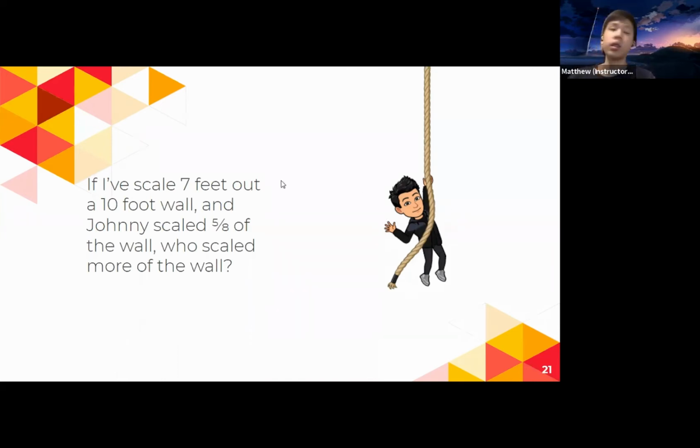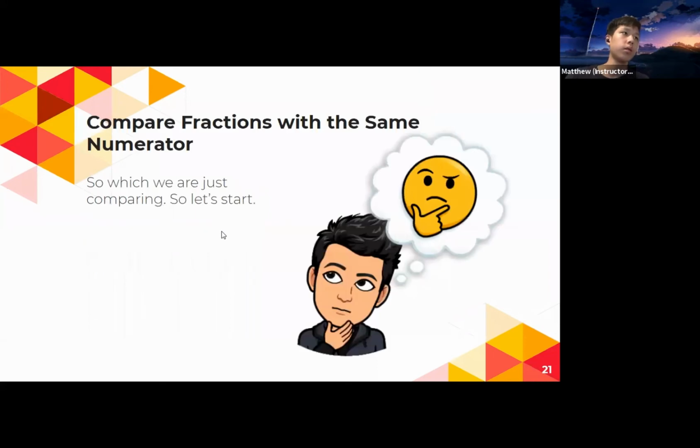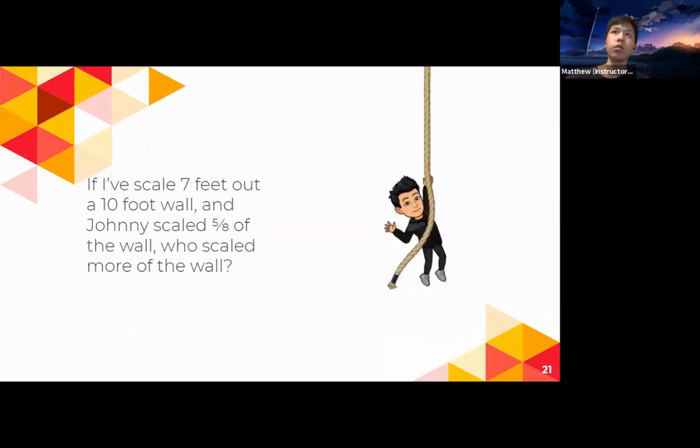So here's a comparison. Let me draw this. Both of us have scaled this 10-foot wall. I climbed 7 feet out of the 10: 10, 9, 8, 7, 6, 5, 4, 3, 2, 1. So I scaled all the way up to here.